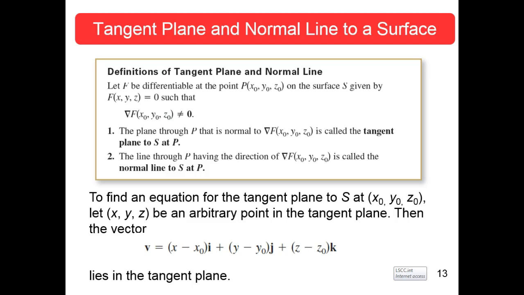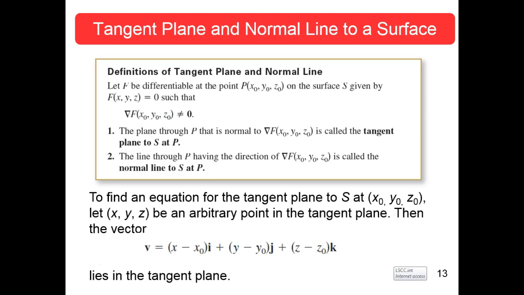So here's the definitions of the tangent plane and the normal line. Let capital F be differentiable at some point P, that point is going to be x0, y0, z0, three-dimensional, on surface S, given by f of x, y, z equal to 0, such that the gradient of f is not the 0 vector.